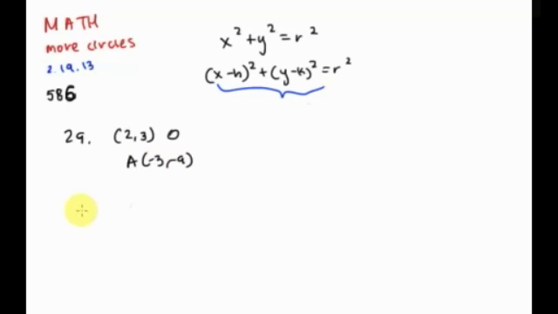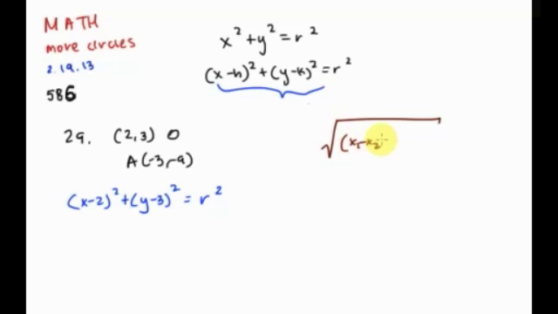So first let's get our x's and y's down. So this is going to be x minus 2 squared plus y minus 3 squared. But we need to know our radius. So let's find that right now. And to do that we use the distance formula, which is the square root of the difference of the x squared plus the difference of the y squared.